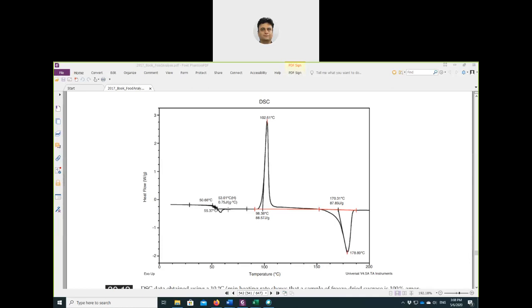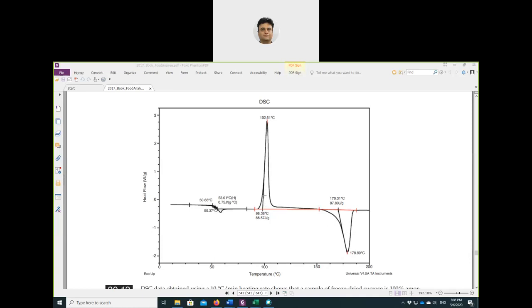To detect first order and second order in the DSC pattern, if a material is in crystal form, it does not show this one. This is for crystal material. This one is for amorphous. This one for crystal material.